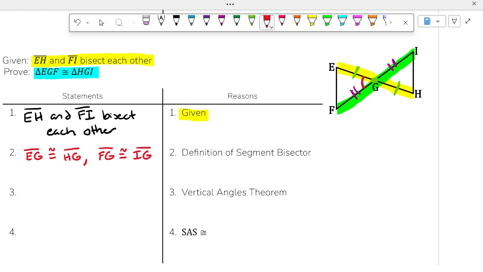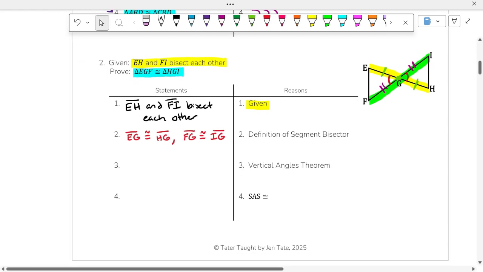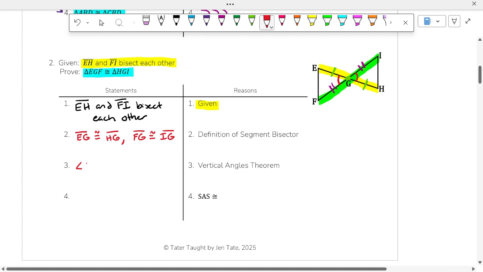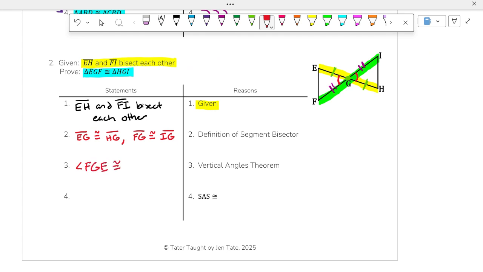HGI, or I would say IGH, just to keep everything corresponding. So we're going to say that angle FGE is congruent to angle IGH. Why? Because they're vertical.